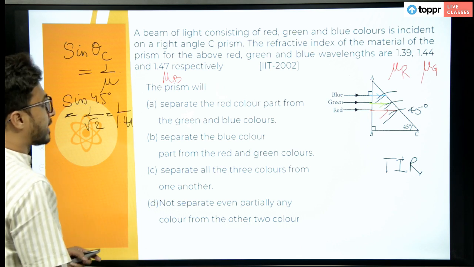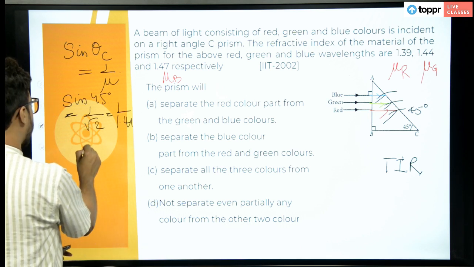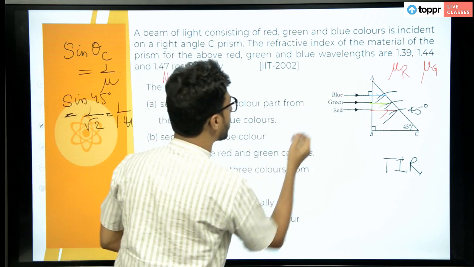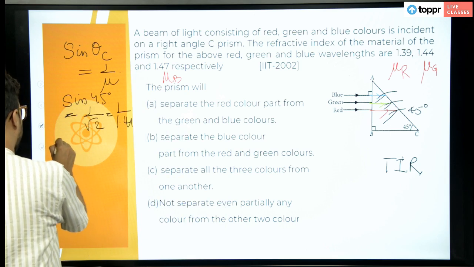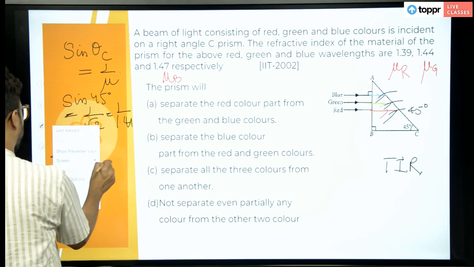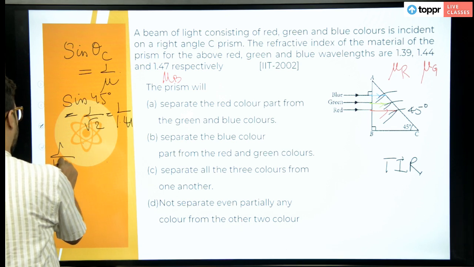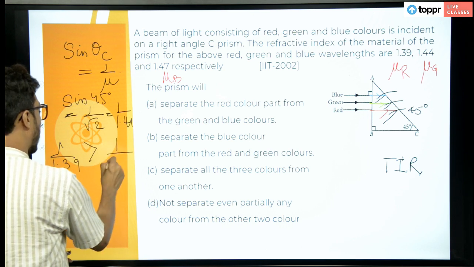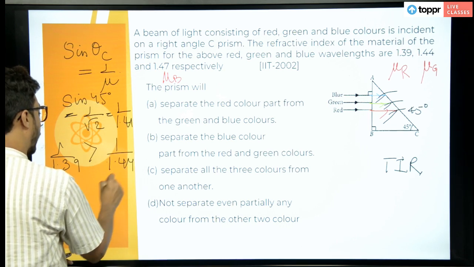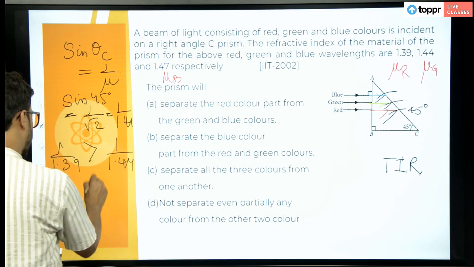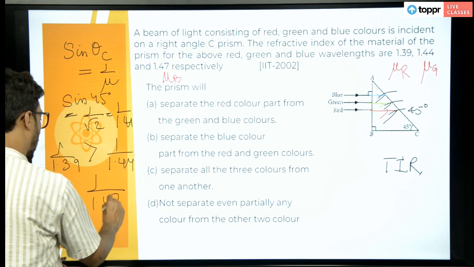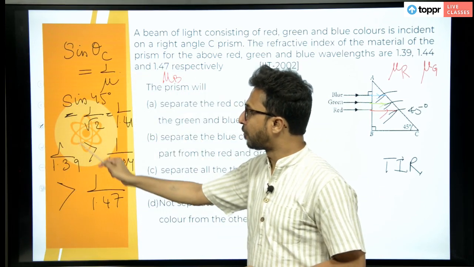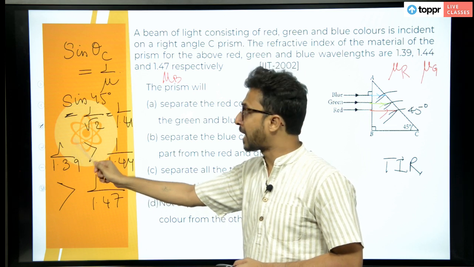Then see, the thing is that if we write the sine of critical angle is 1 by mu, these are the 1.39, 1.44, 1.47. 1.39 is greater than 1.44 is greater than 1.47. 1.39 is the critical angle.